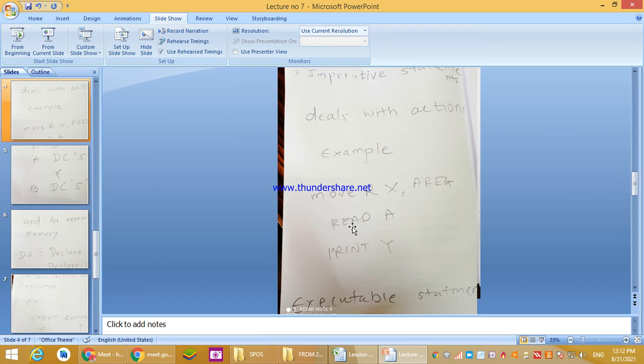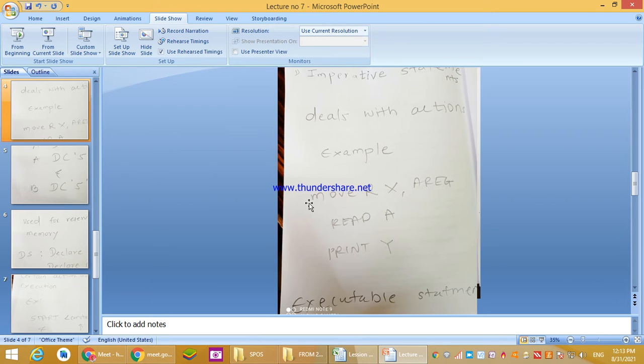Read means it is reading something. Reading is also moving some content from one memory location to another location. Read A means it deals with some action. Print is printing something on the screen, moving information from one memory location to another.